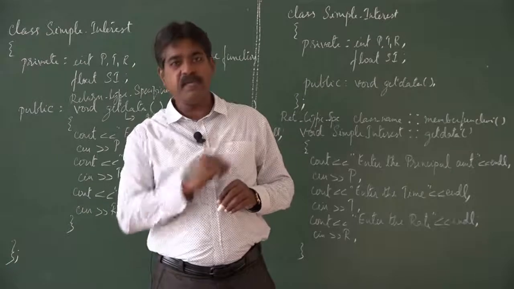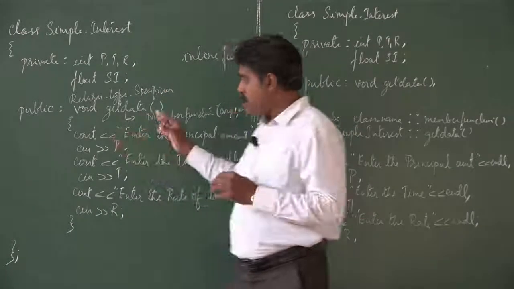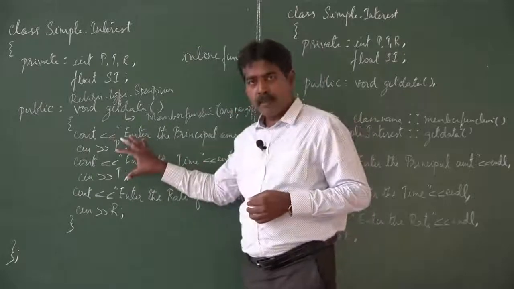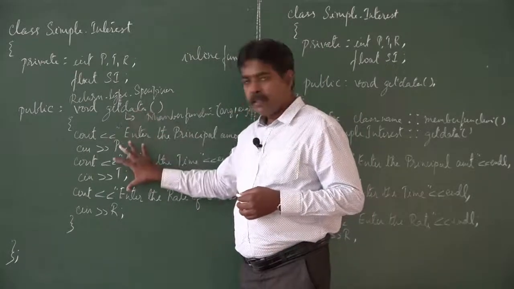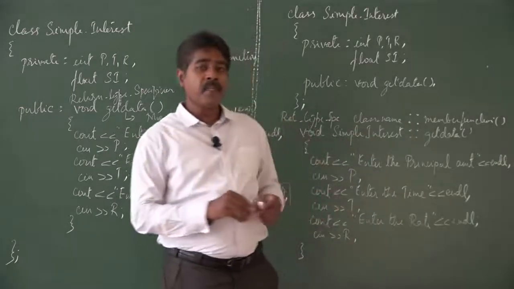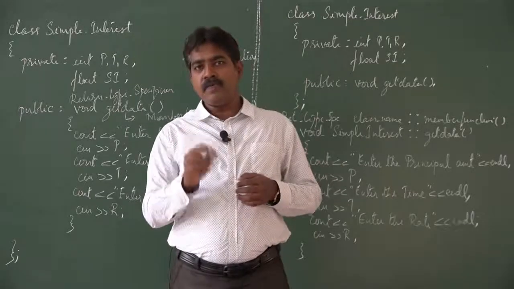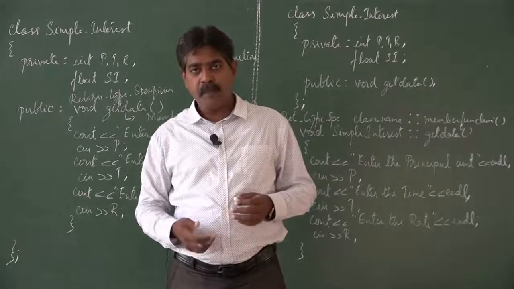If you see the previous example, I had written about void main. Here I have given just an instance of an example, that is getData written inside and getData written outside. I have not written the void main, because void main is the place where we create the object.